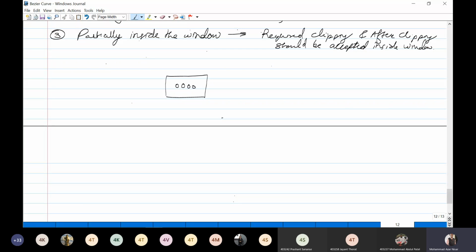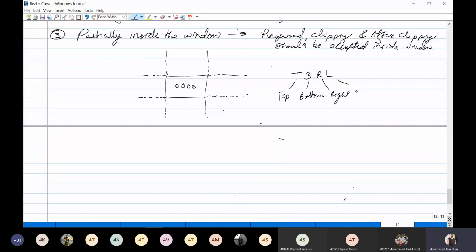Then you have to plot the neighboring windows. Sometimes they are called above, below, left and right, and in some cases TBRL: T for top, B for bottom, R for right, and L for left.